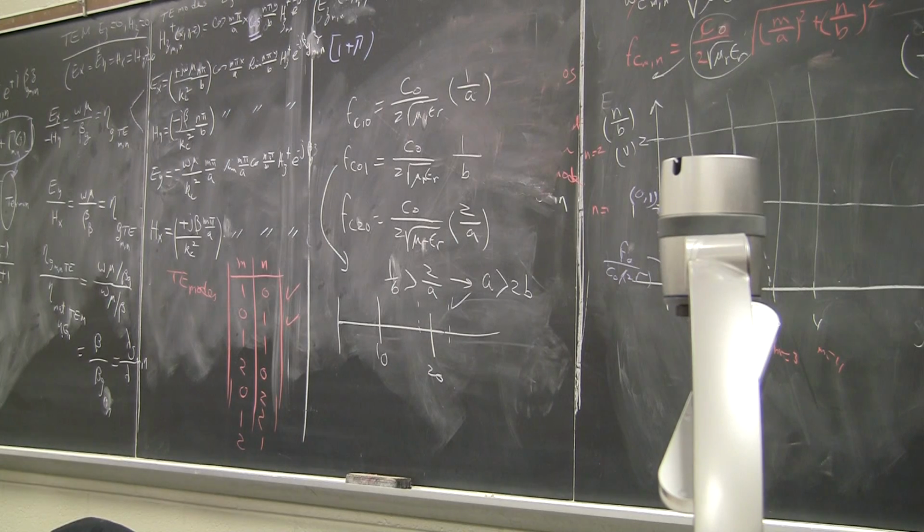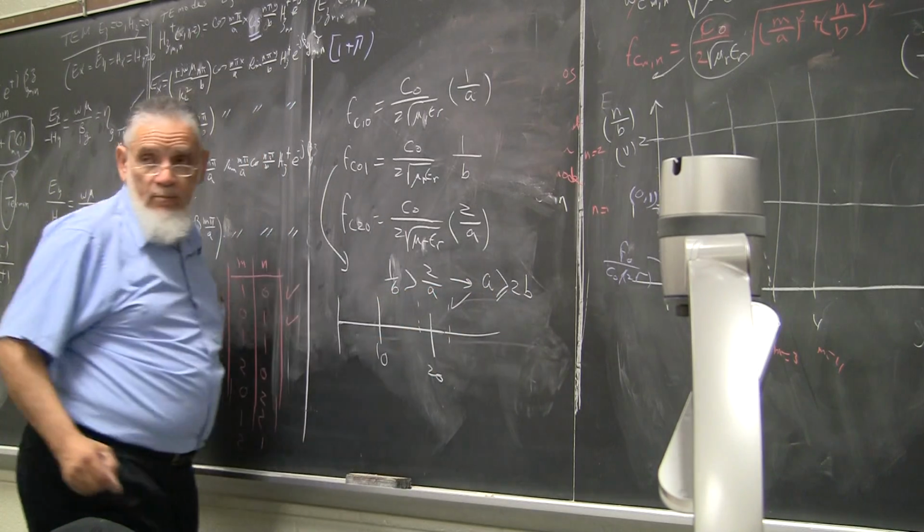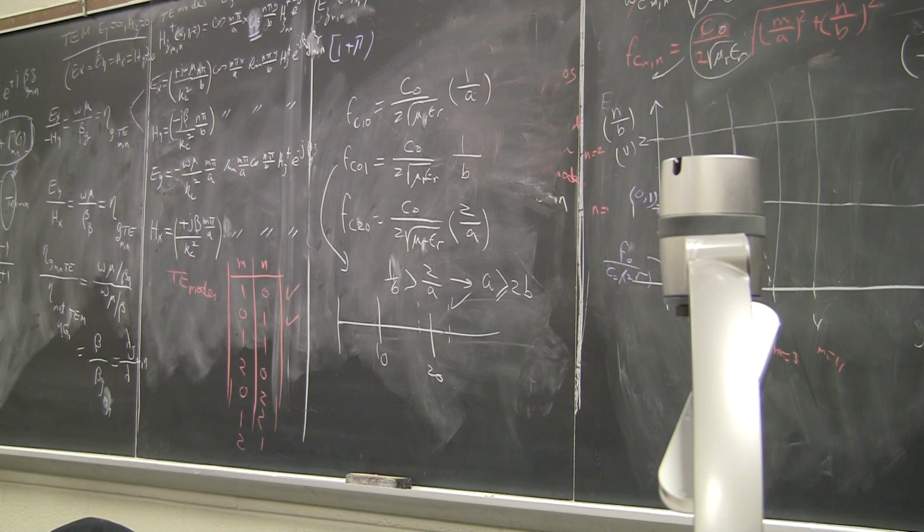So that's a rule for rectangular waveguides. We always try to choose a greater than 2b to maximize the bandwidth, or equal at the worst case. So we can say equal. You'll find some waveguides are designed with a equal to 2b, and some others are designed with a greater than 2b.